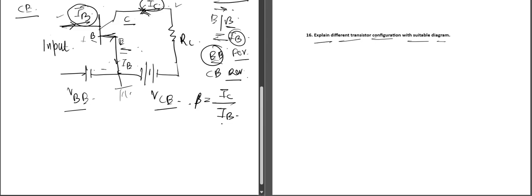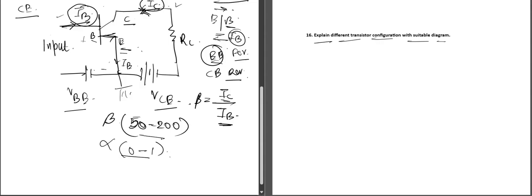As the input current is very low and the output current is very high, the current amplification factor beta has a value which ranges from 50 to 200. The value of alpha was within 0 to 1, but the value of beta is within 50 to 200.